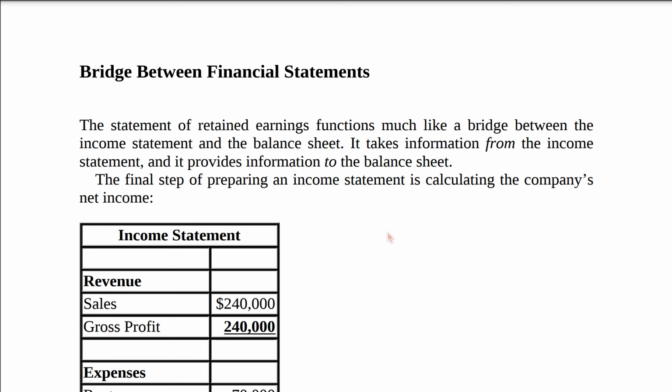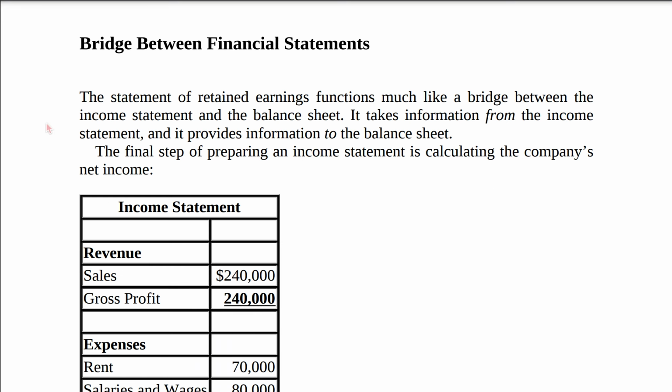So we will maintain retained earnings in the balance sheet, and in the next year, whenever the company earns profits through net income shown in the income statement, that profit we will add into retained earnings, which is a part of the balance sheet. So it takes information from the income statement and provides information to the balance sheet.